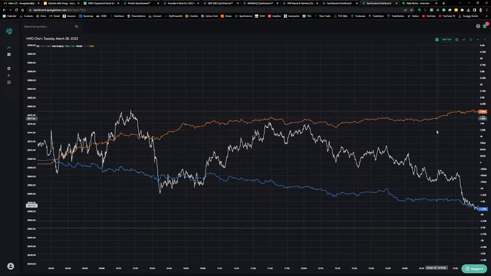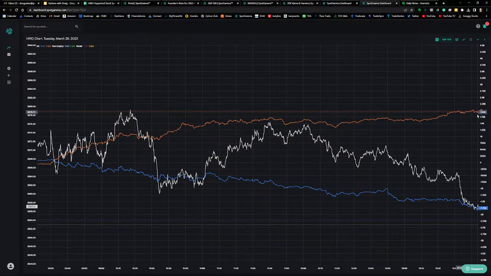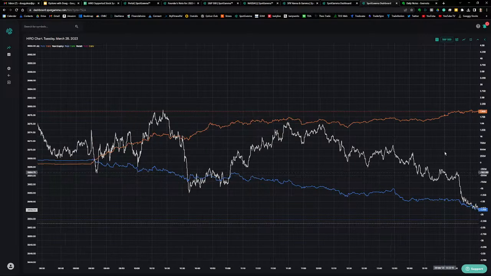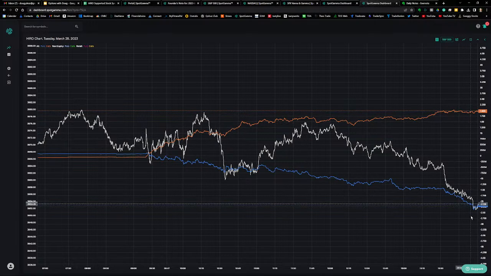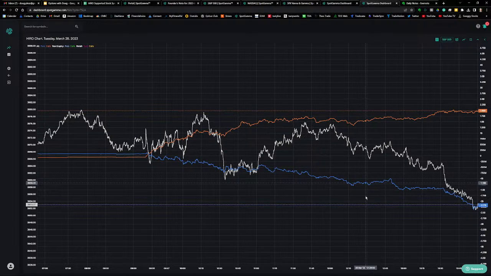And interesting that the number for calls is actually greater. 1.96 billion for calls, now it's greater for puts, versus minus 2.17 billion. So the put buyers are winning, but traders, there you go, RJ.